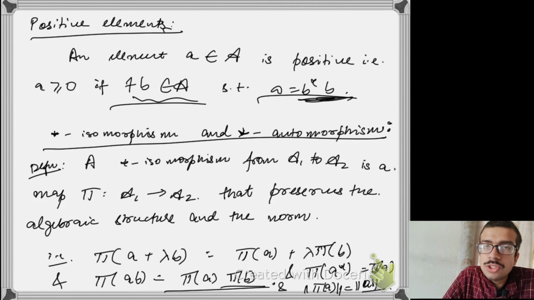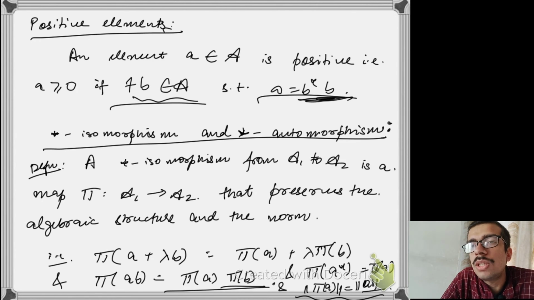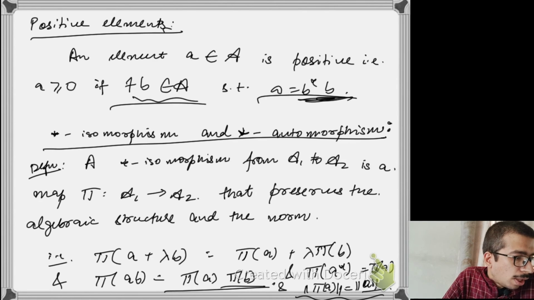The thing is that by ensuring that norm of pi a is norm of a, I have ensured that pi a is 0 if and only if a is 0, right? Just from this condition, norm pi a equals norm a. Because pi a is 0 if and only if norm of pi a is 0, which is if and only if norm a is 0, which is if and only if a is 0. So here definitely we'll be able to ensure that pi is injective, right? And now it's an isomorphism onto its range space.